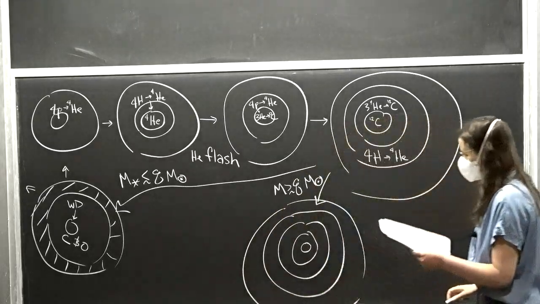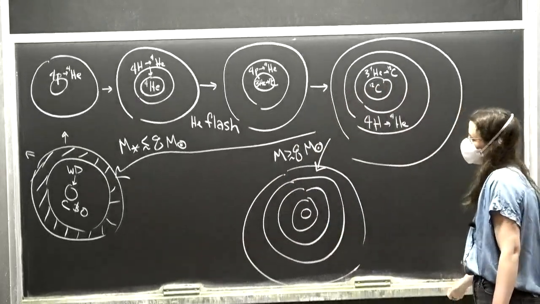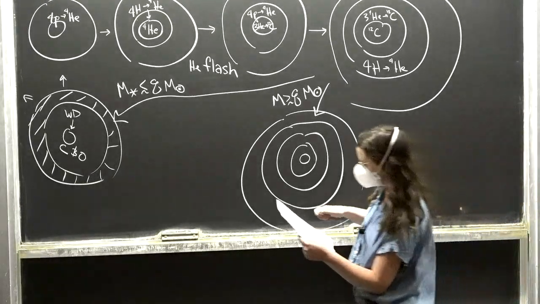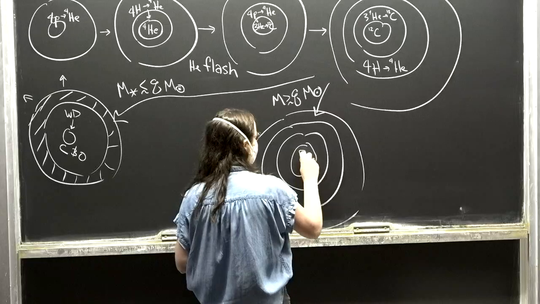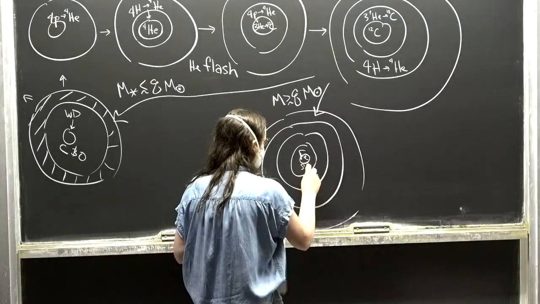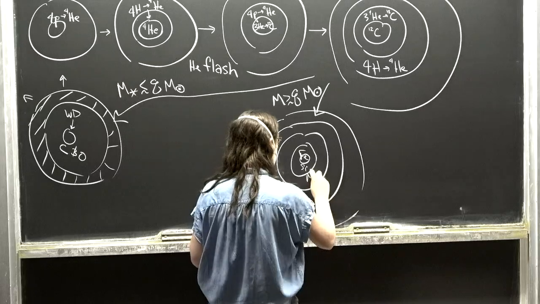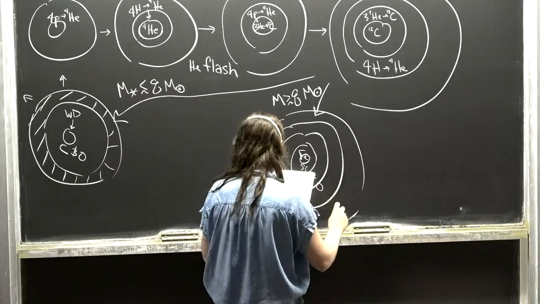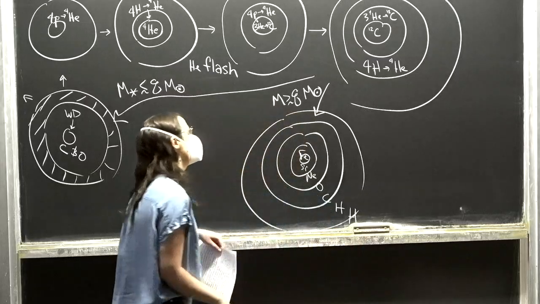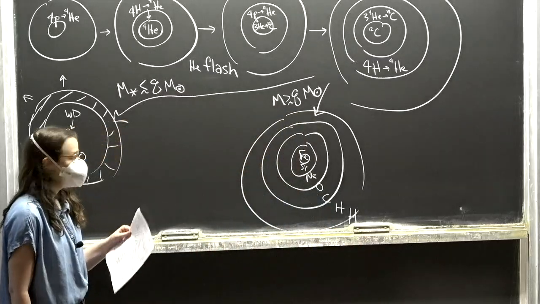I've run out of space, so thoughts and prayers for you trying to read anything I write in here. But basically, you make iron in the center. You've got some silicon, some neon, oxygen, carbon, helium, hydrogen.